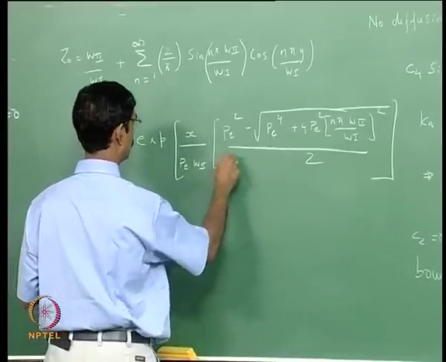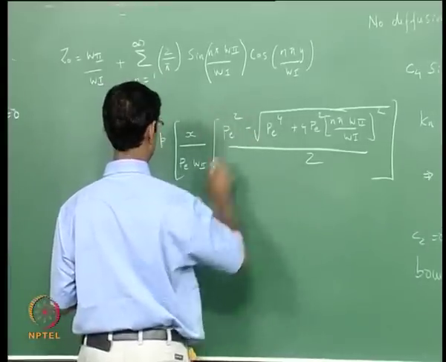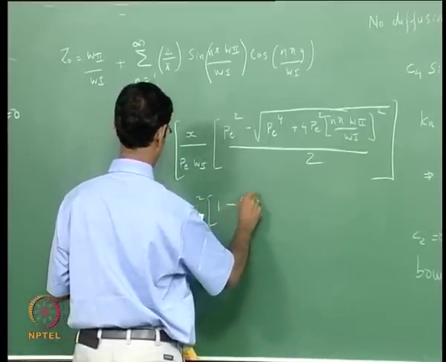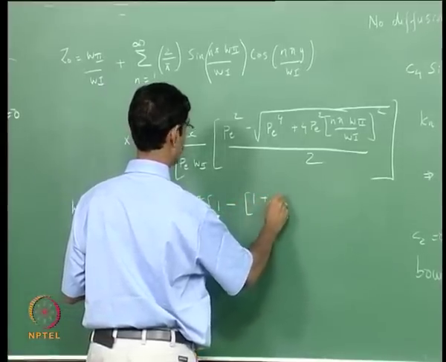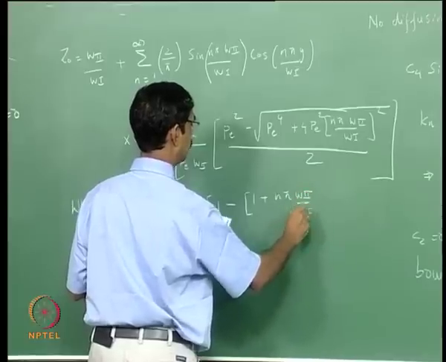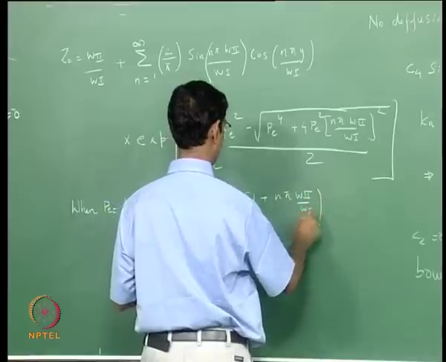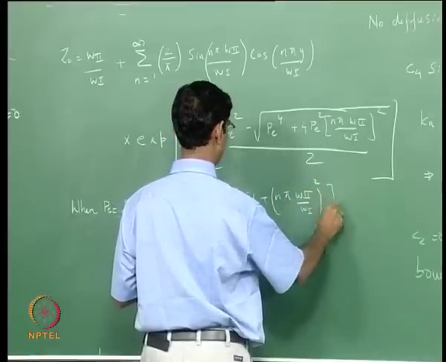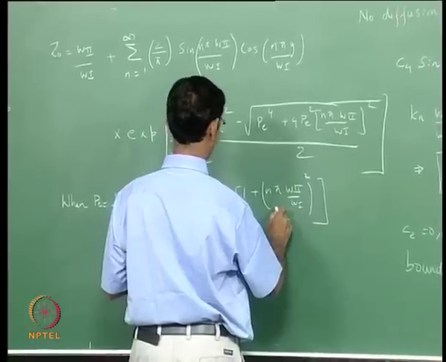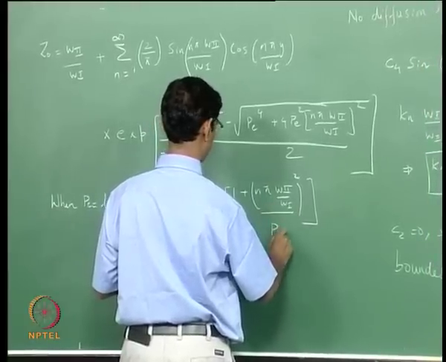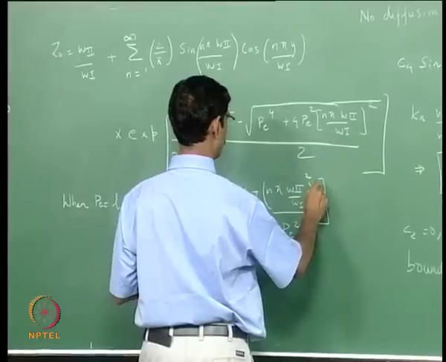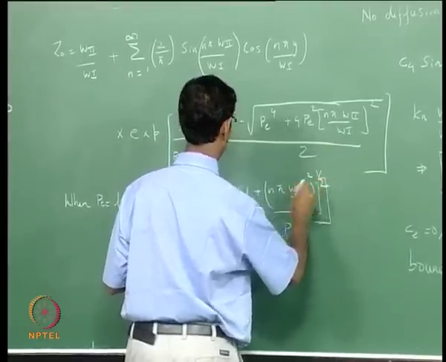So the term inside the bracket will become Pe squared into 1 minus 1 plus n pi W2 over W1 whole squared divided by Pe squared over half.